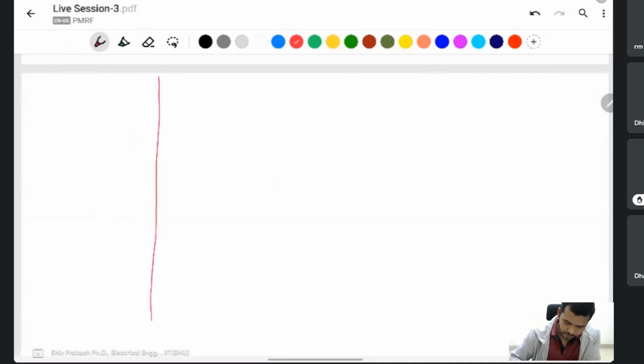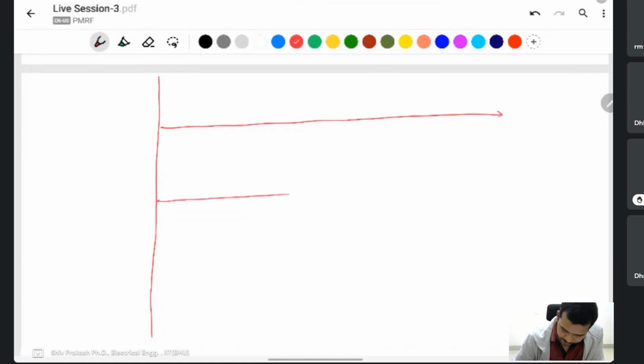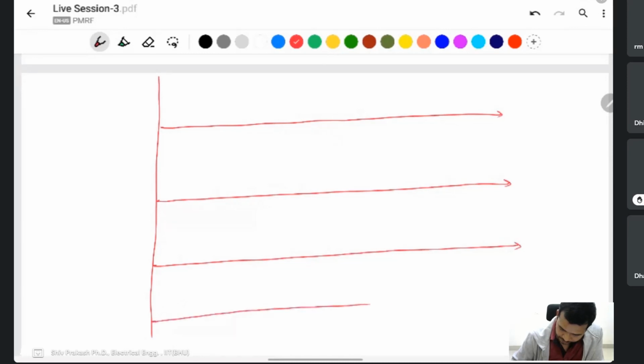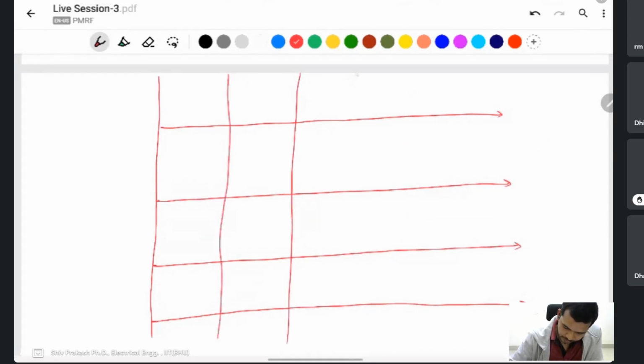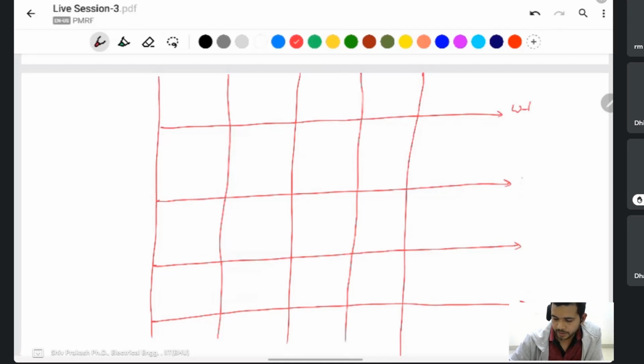All the questions you can do from the waveform. If you draw the waveform, then you can answer all of the questions. This one is omega t.